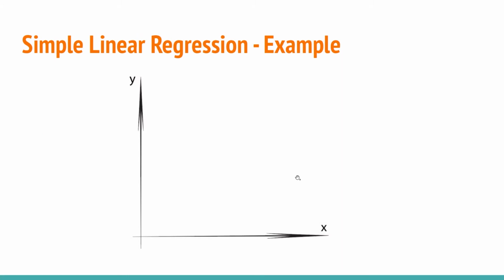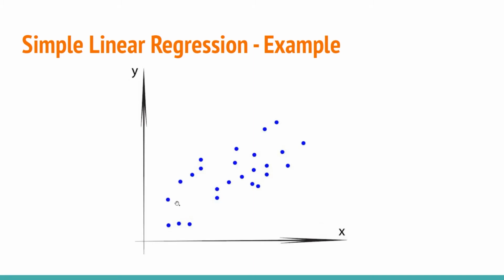So we have the example of simple linear regression. As you can see, we have y here and x here. We have a couple of data points here. Each of these data points has x and y. So x is the independent variable and y is dependent on x.